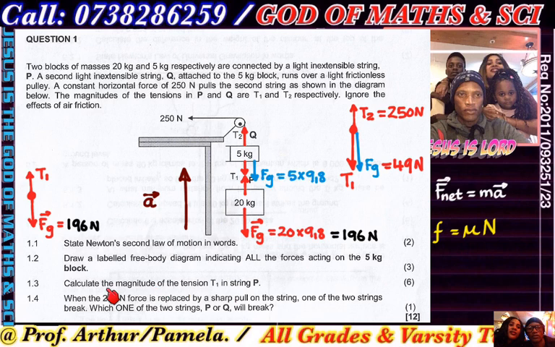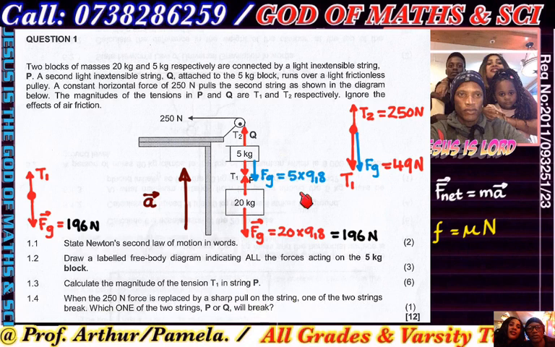And then number 1.5, they say when the 250 Newton force is replaced by a sharp pull of the string, one of the two strings breaks. They say which one of the two strings, P or Q, will break.